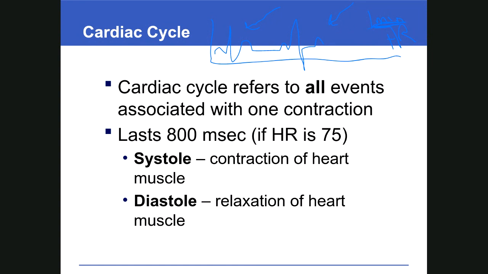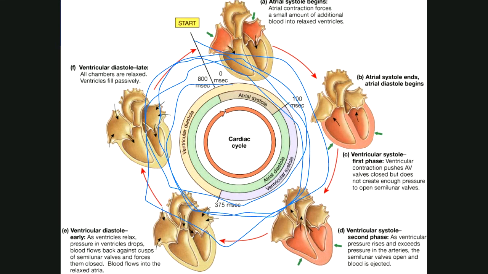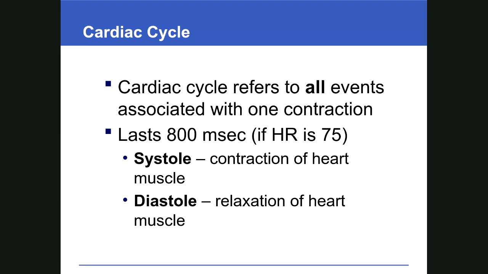Well, typically, when you count how many times it beats in 1 minute, a typical average heart rate is 75 beats a minute. A typical average heart rate, across all people, all genders, all ages, is 75 beats per minute.